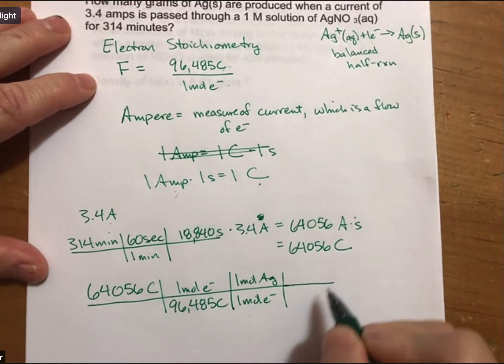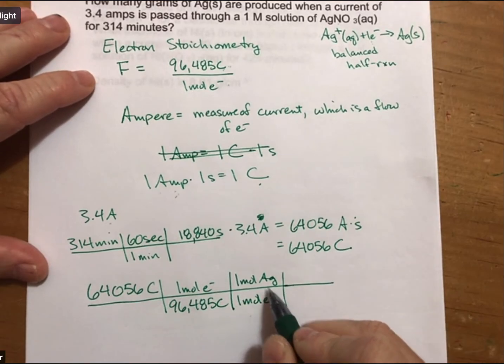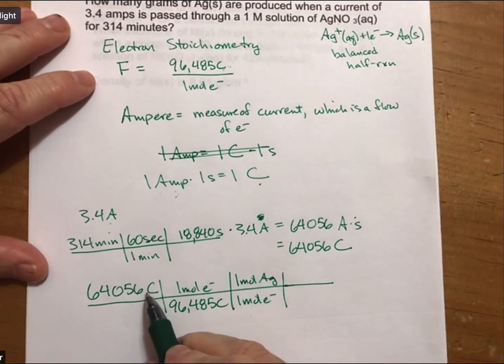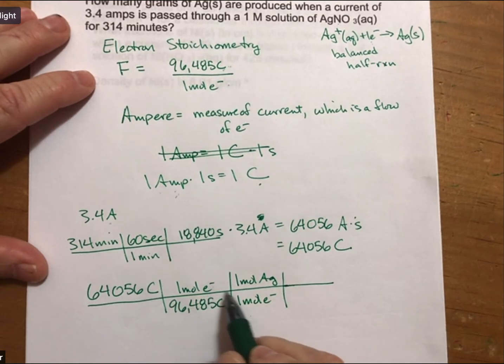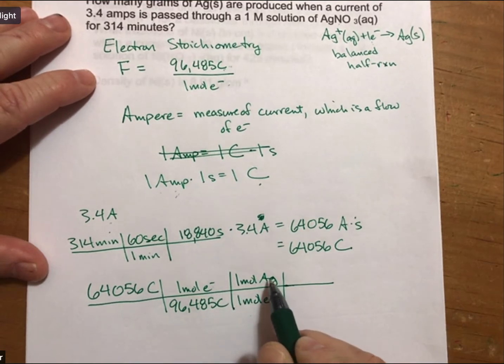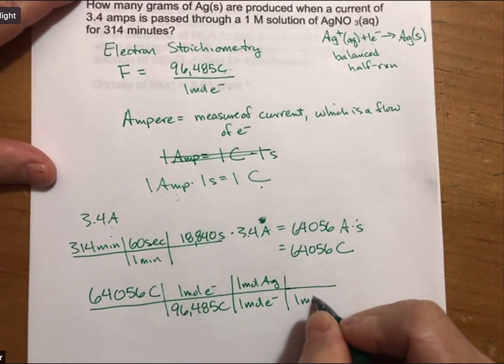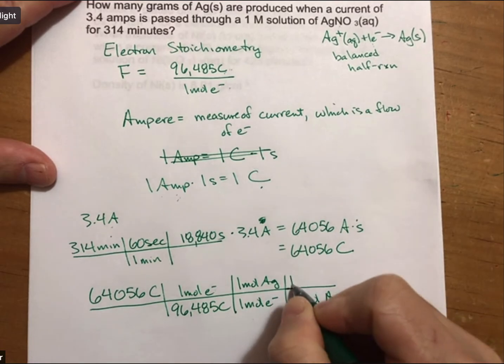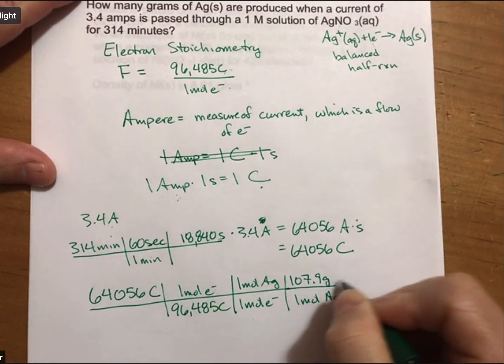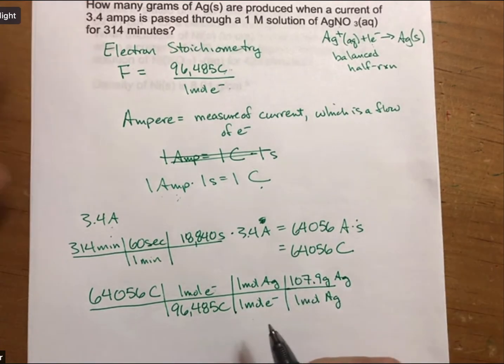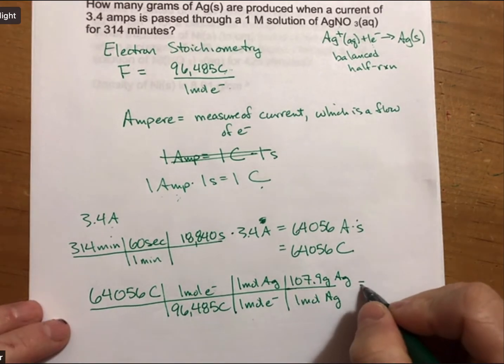And now, if I look at my units, my coulombs cancel, my moles of electrons cancel. I now have units of moles of silver. And now I'm back to my molar mass. 107.9 grams of silver is 1 mole of silver.